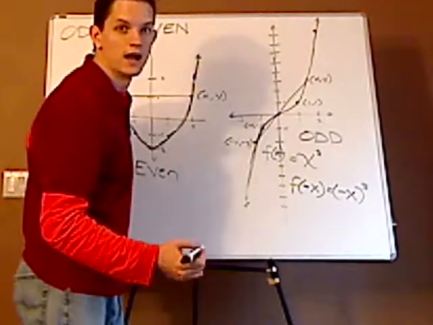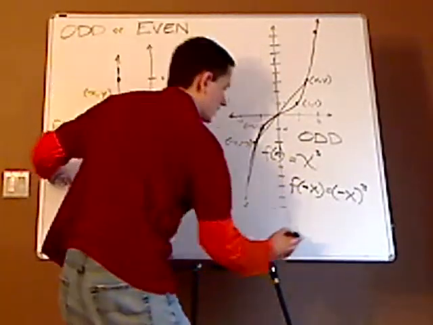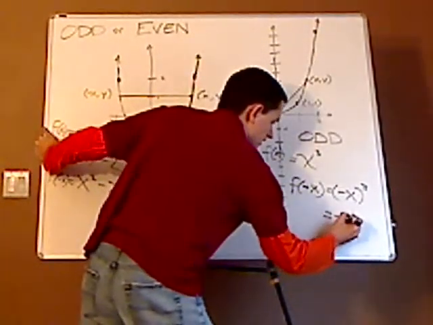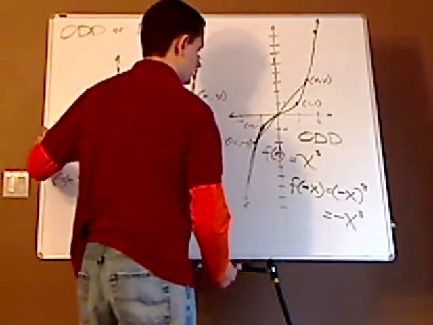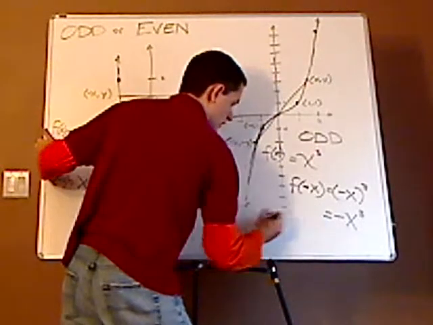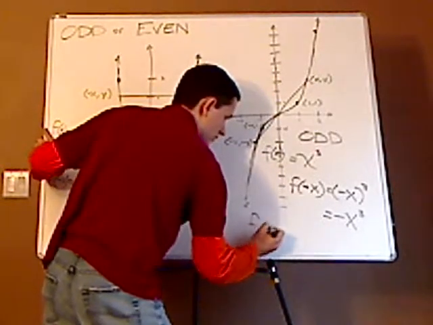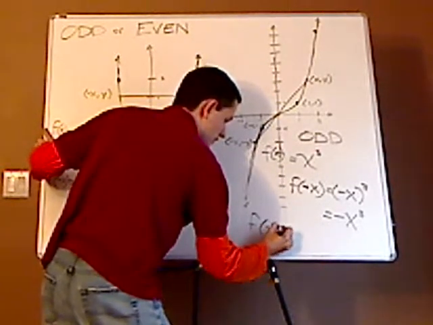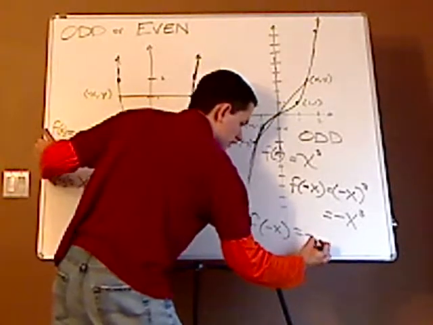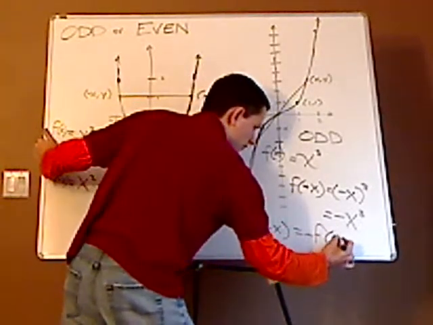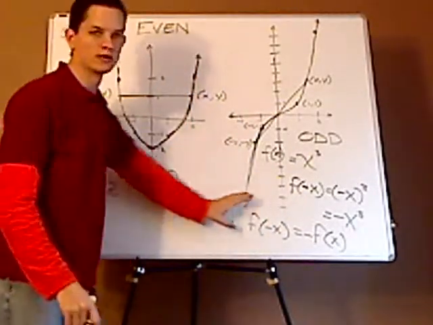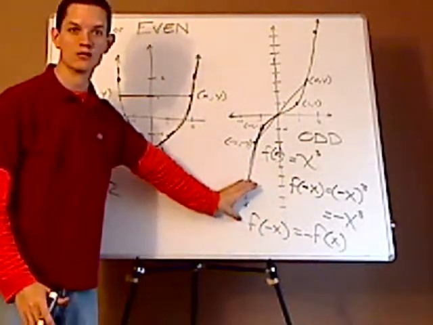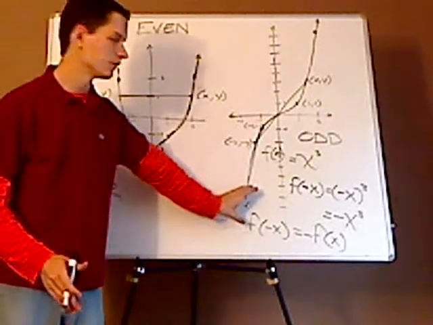Now, if it's an odd exponent, it retains its sign, so it's a negative x cubed. Notice that f of negative x equals negative f of x. Algebraically speaking, that's how you can prove it's an odd function.